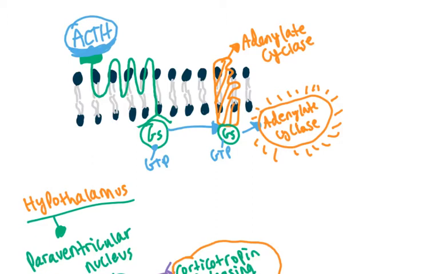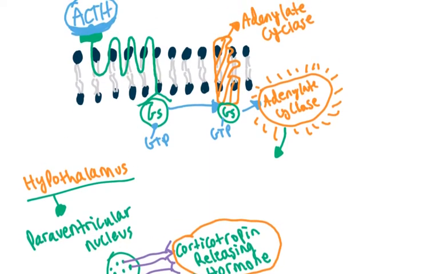What's going to happen eventually is that adenylate cyclase is going to activate some other enzymes, or play a role in catalyzing some other reactions. And eventually, we're going to have the activation of protein kinase A.